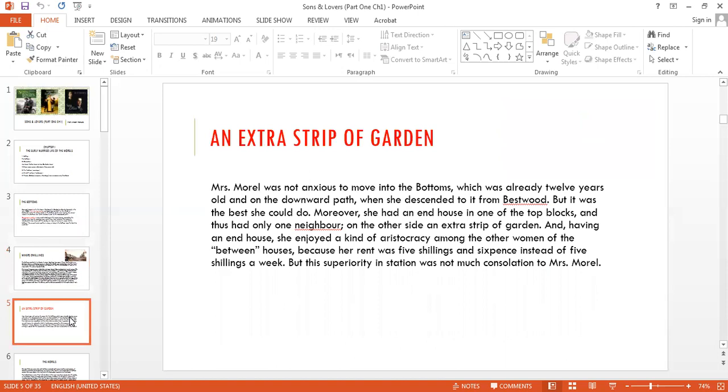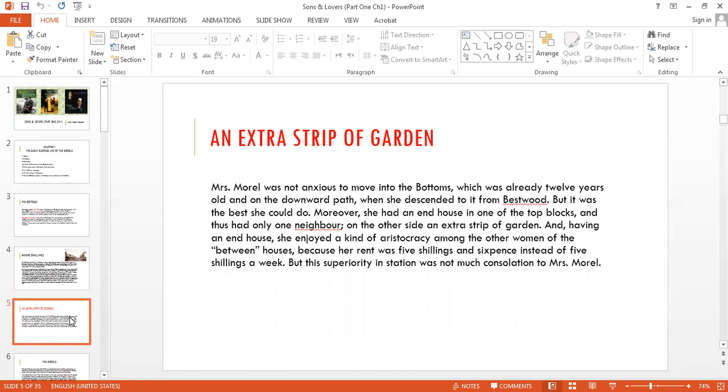Mrs. Morel was not anxious to move into the Bottoms because she felt maybe it's not the best thing that would happen to her. She wished to have a better place, but the house that she got was the last house at the end of the row. So instead of having two neighbors, she has only one, and on the other side of her house she has an extra strip of garden.